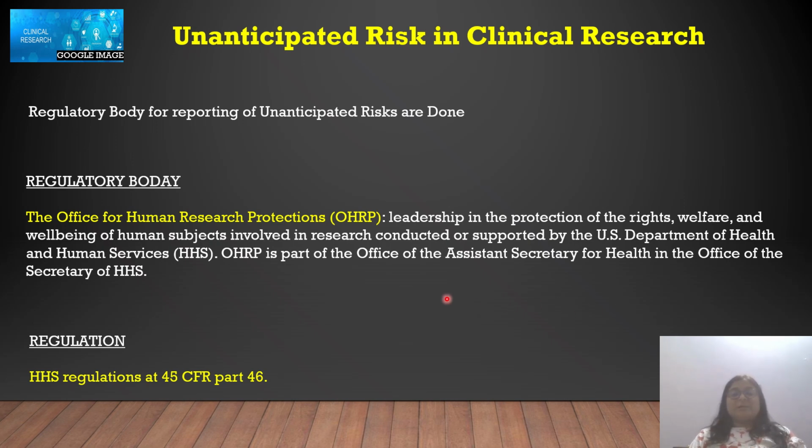The OHRP provides leadership in the protection of the rights, welfare and well-being of human subjects involved in research conducted or supported by the US Department of Health and Human Services. So it is basically the regulatory body in the USA. OHRP is part of the Office of the Assistant Secretary for Health in the Office of the Secretary of HHS.